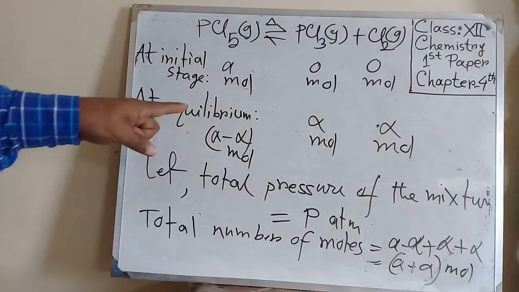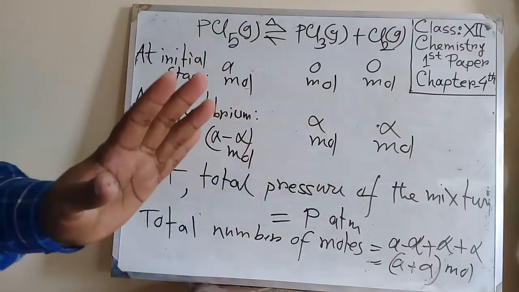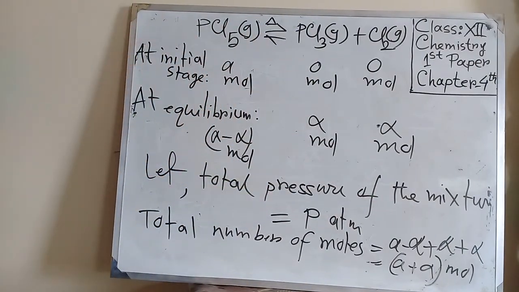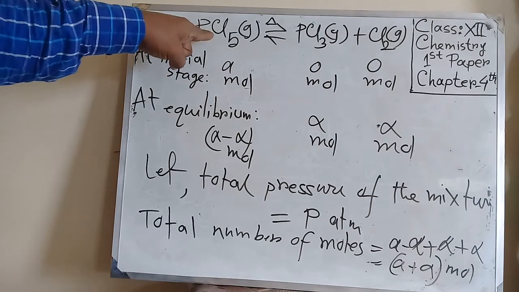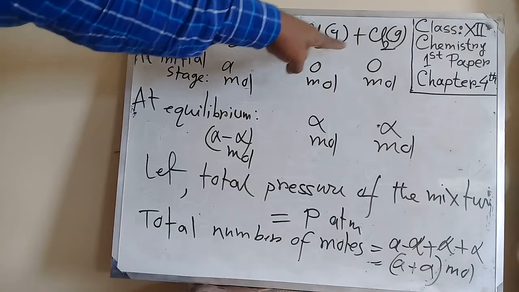So we have got total pressure and total number of moles, so we can easily find out the partial pressure for the reactant and the partial pressures for the two products.